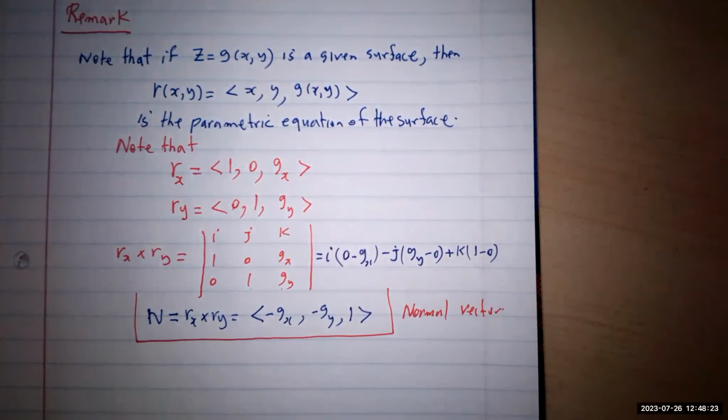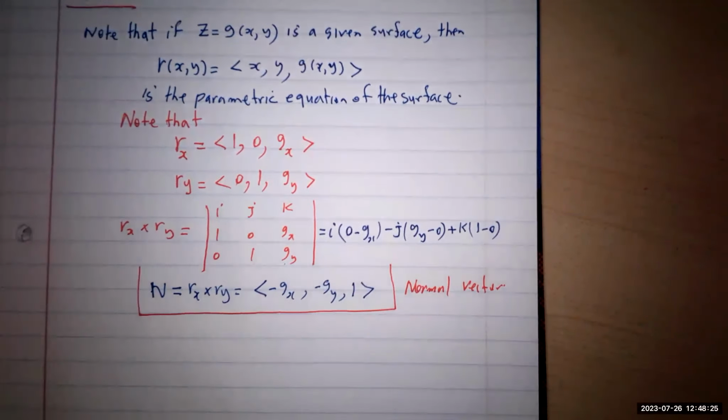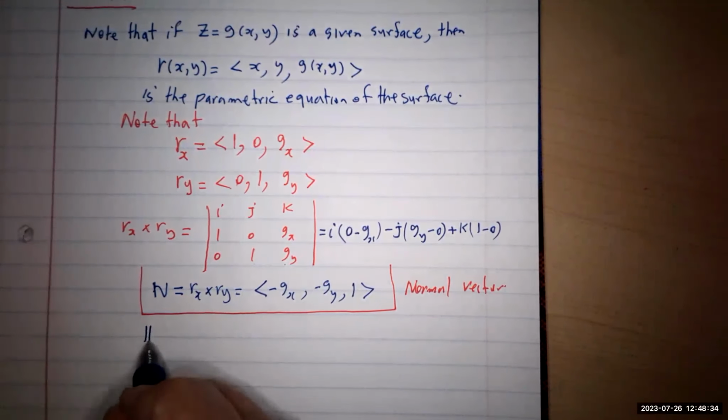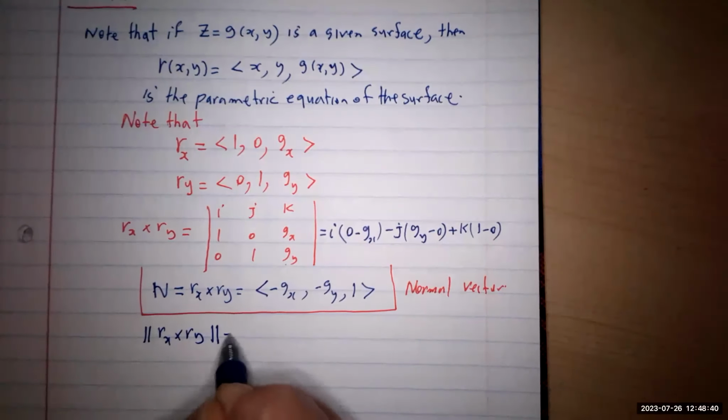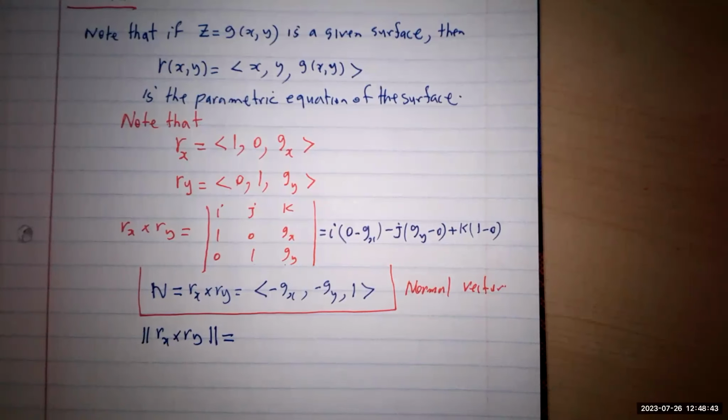Now, what's going to be the norm of this vector? It's a normal vector. It's not a unit normal vector. So what's going to be the norm of n, or the norm of r sub x cross r sub y? Remember, the norm is the square root of the sum of the squares of those components.